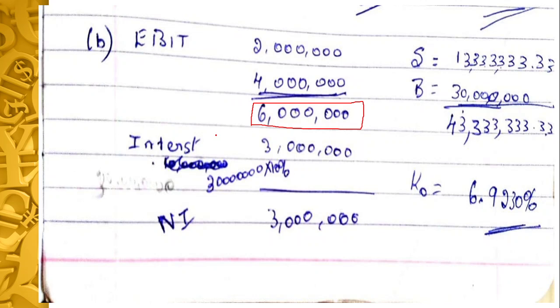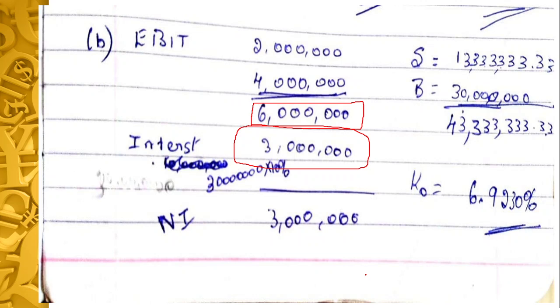Because they have taken a huge amount in the form of debt, half of the earnings had to be paid in the form of interest. This you will have to remember, which would be helpful for your net operating income approach.